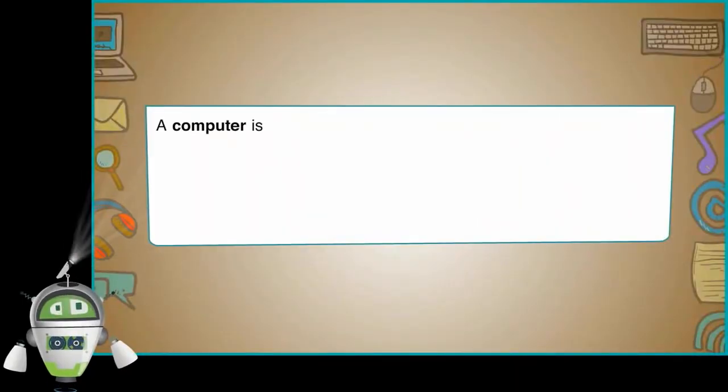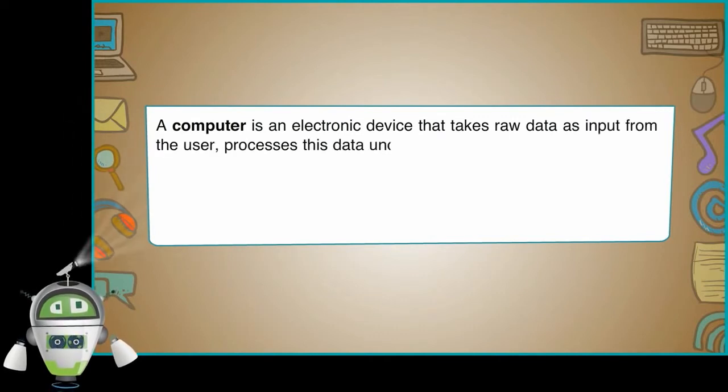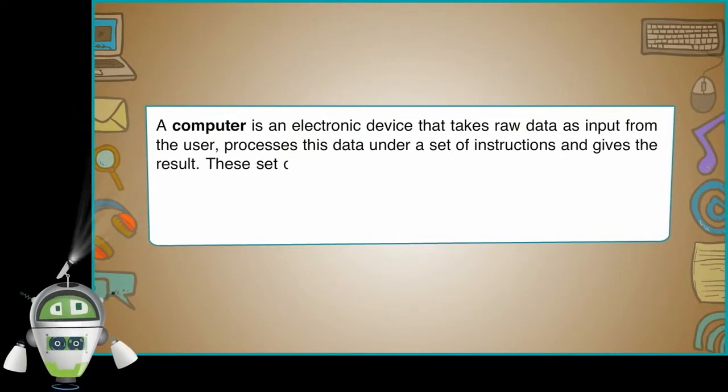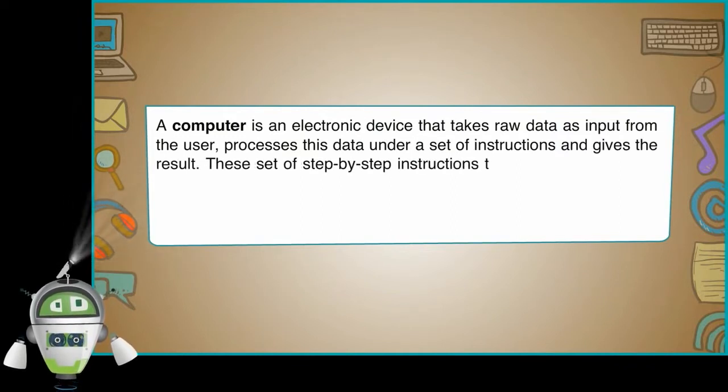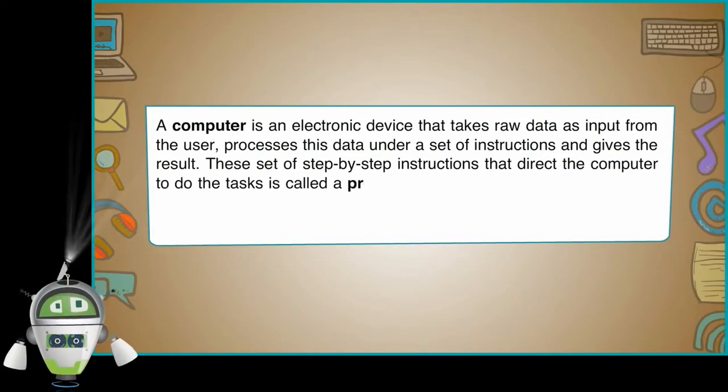A computer is an electronic device that takes raw data as input from the user, processes this data under a set of instructions, and gives the result. These set of step-by-step instructions that direct the computer to do the tasks is called a program.